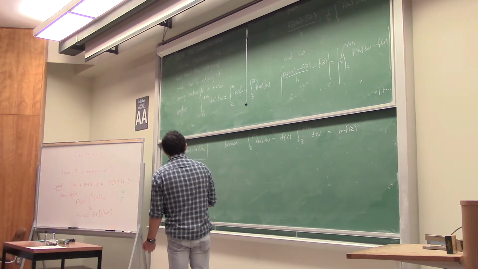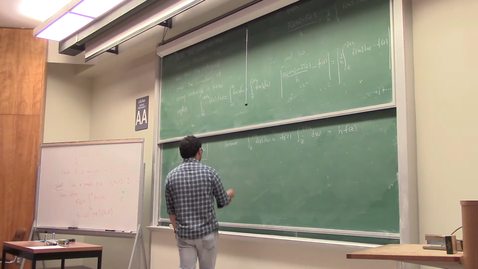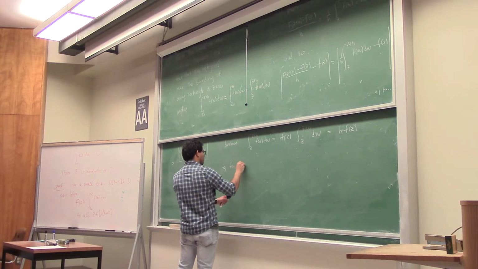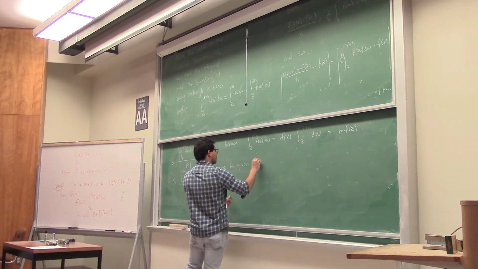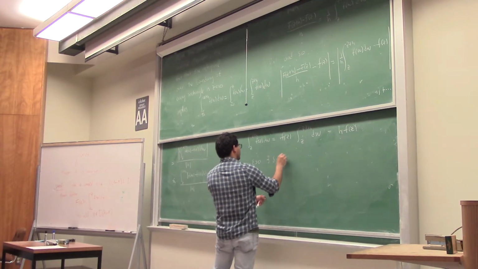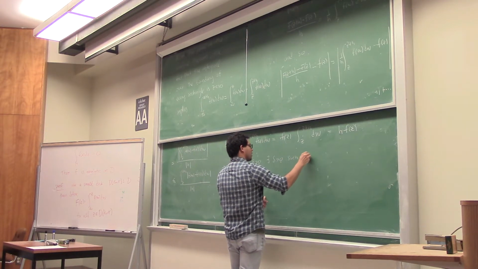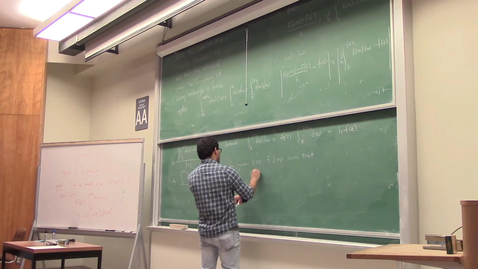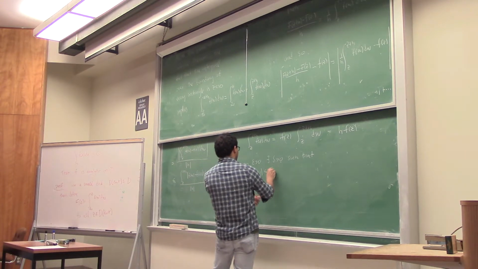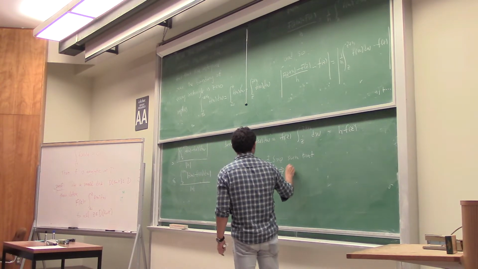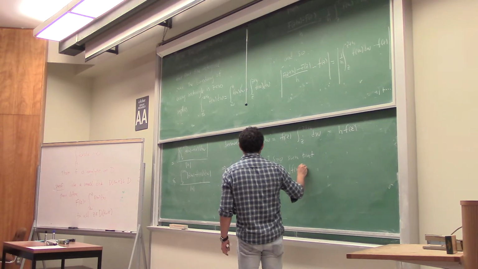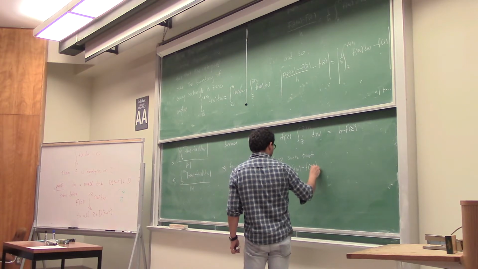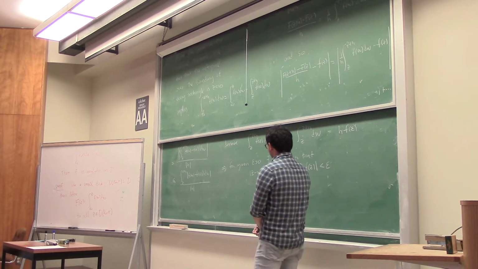But now you know that f is continuous. So for given epsilon larger than 0, there exists a delta larger than 0 such that the absolute value of z minus w less than delta implies the absolute value of f of w minus f of z is less than epsilon.